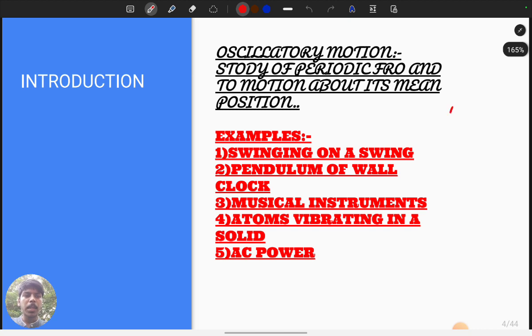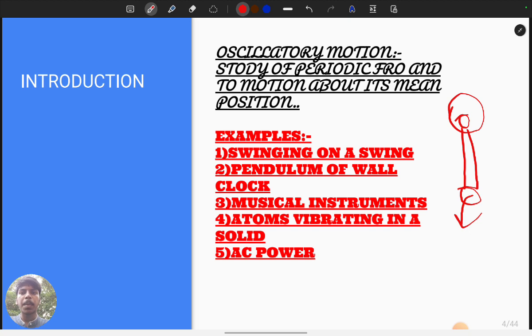For example, this is a wall clock. A simple pendulum is hanging. Let the mean position be O. This is called the bob, a metal ball.